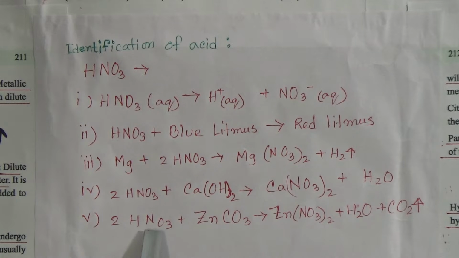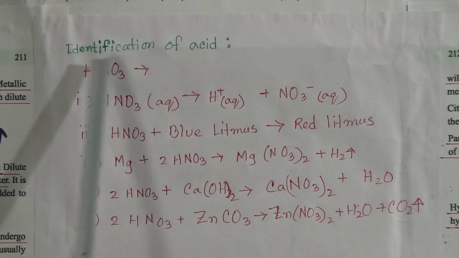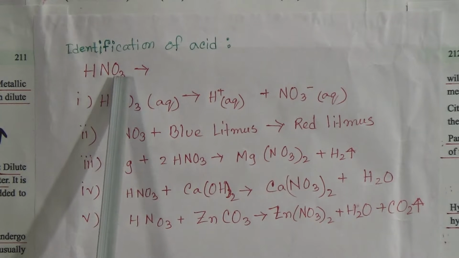And the last one, when nitric acid reacts with any metal carbonate, it produces carbon dioxide gas, the salt of that metal and also water. That all proves that nitric acid is an acid.